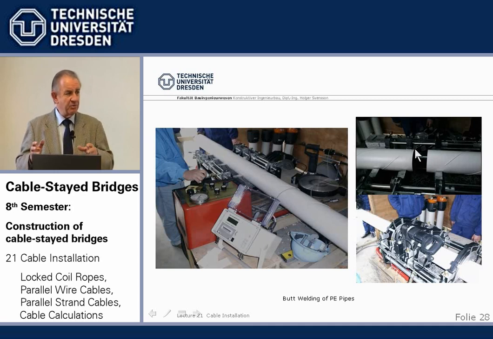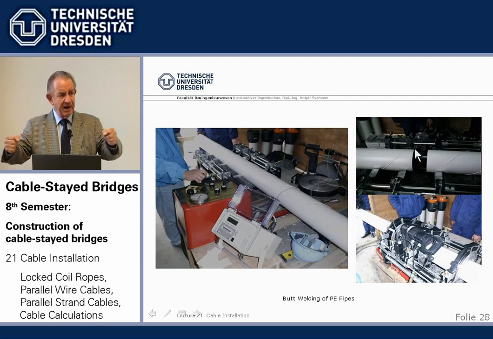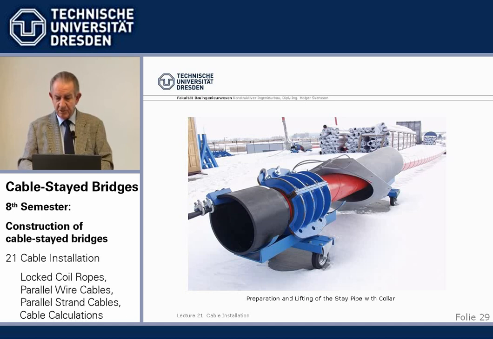That means once we pull at a test PE pipe with a weld in the middle, the pipe should not fail in the weld, but somewhere left or right. So we have now welded together the long PE pipe. Now we have to lift it up. Remember, there is no anchor head at the top now to stiffen the pipe and so on.